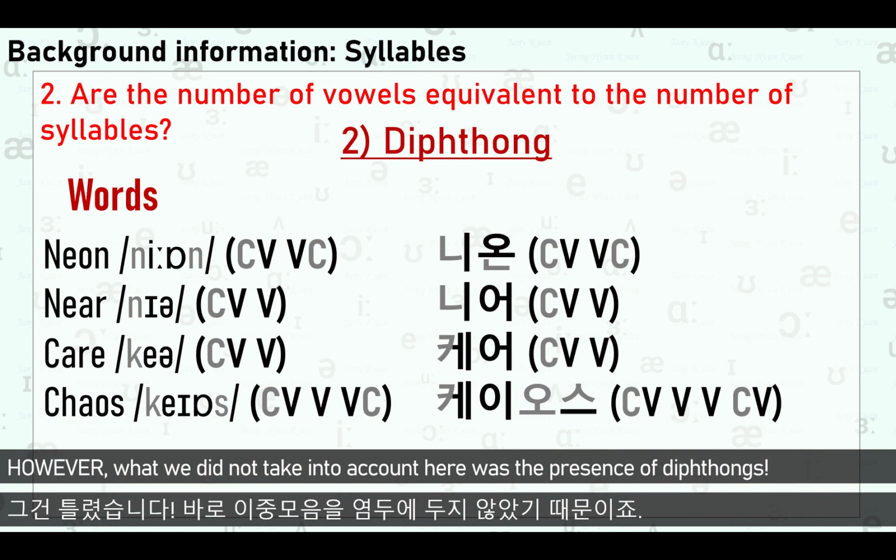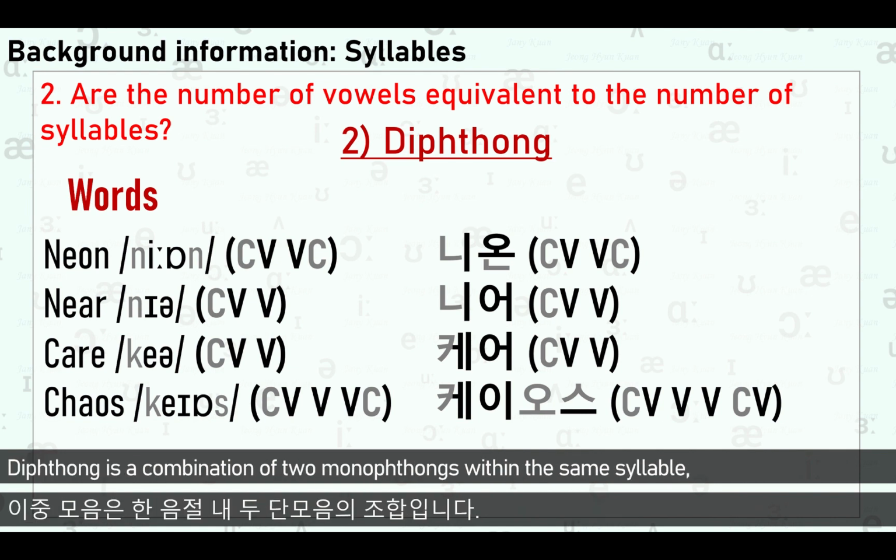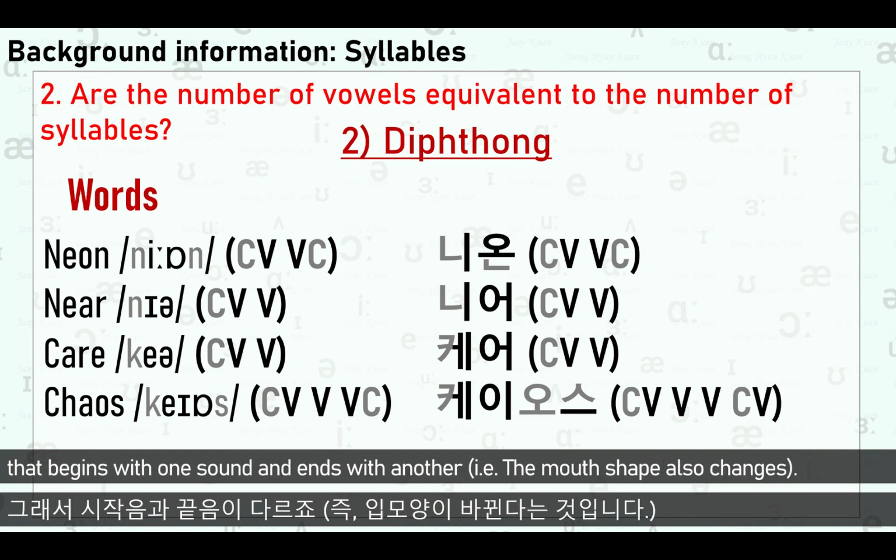However, what we did not take into account here was the presence of diphthongs. A diphthong is a combination of 2 monophthongs within the same syllable that begins with one sound and ends with another. That is, the mouth shape also changes.